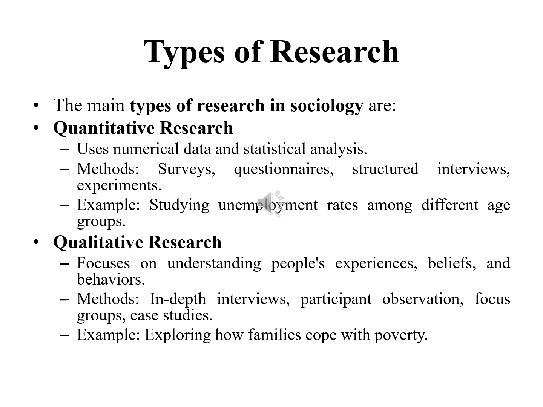So from this slide, we are showing the types of research. The main types of research in sociology are as follows. The first one is called quantitative, and the second one is called qualitative research. We have done a lot of explanation related to this.